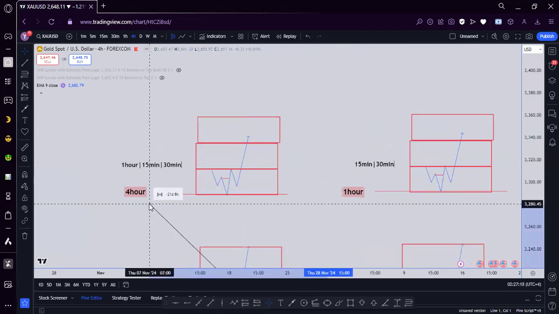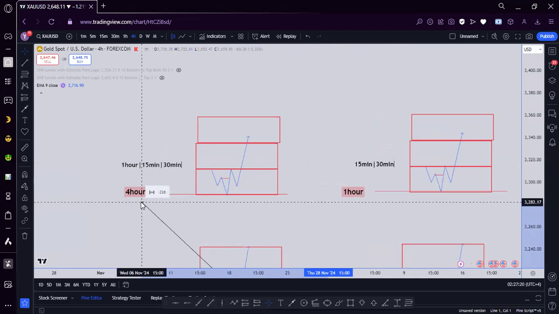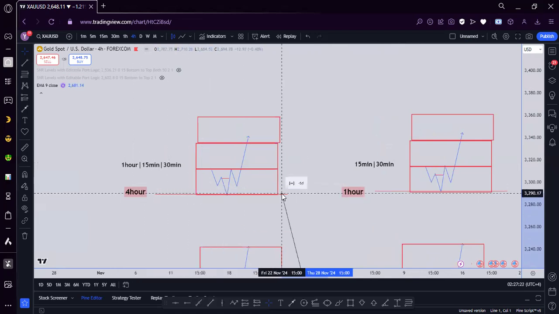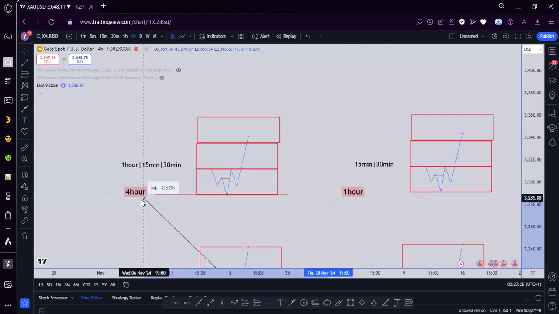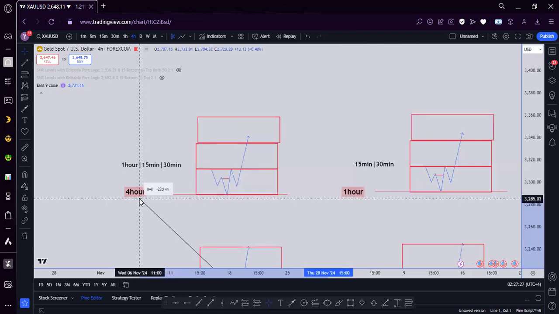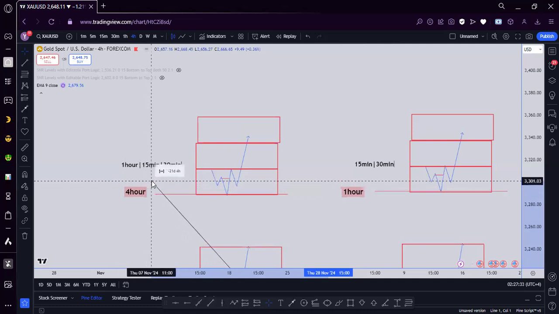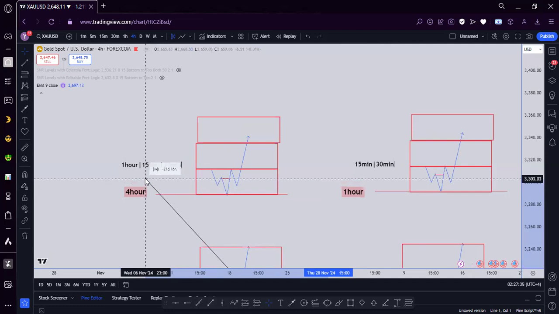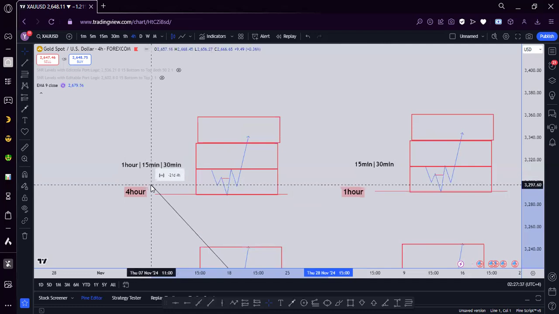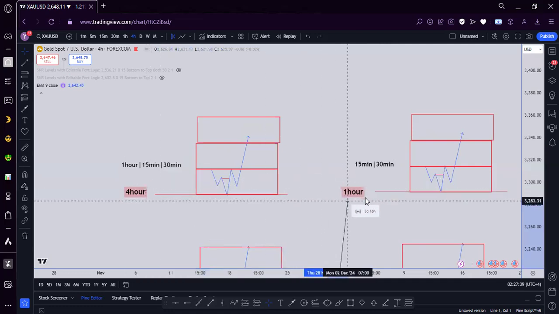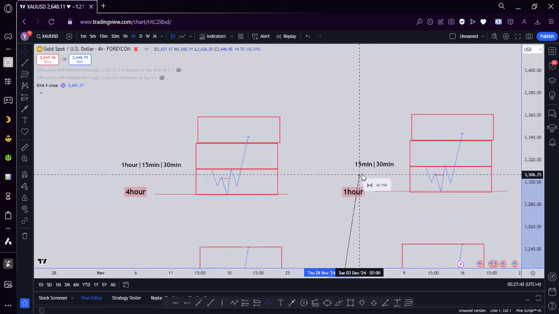And for me, I love to use the 4-hour fresh level, in the 4-hour mini classic storyline, with the 15-minute breakouts. And the 1-hour also with the 15-minute breakouts.